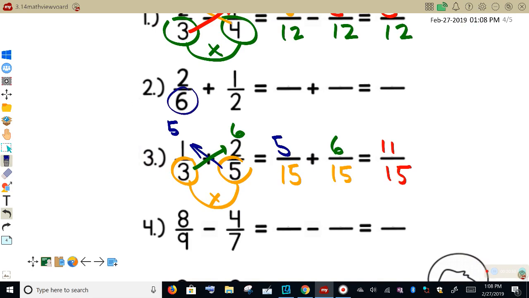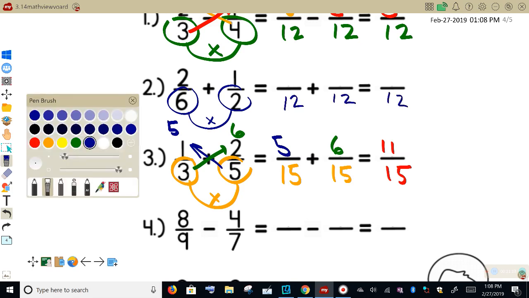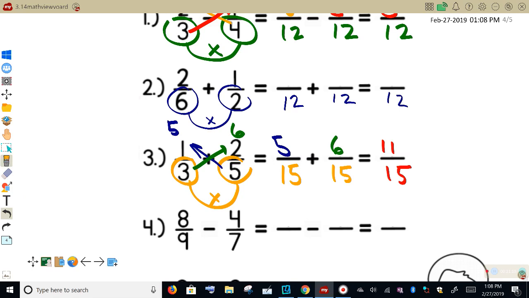Okay. Let me make my face. I'm going to multiply those two numbers together. Guys, we're multiplying our denominators together, so I get a 12 here, and a 12 there, and then also a 12. Then I'm going to do what after that? Cross multiply.